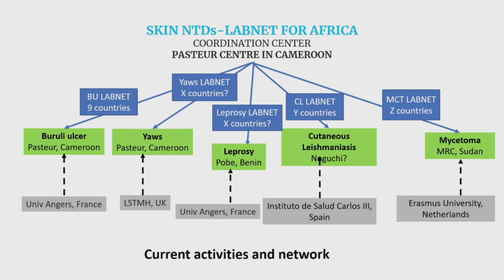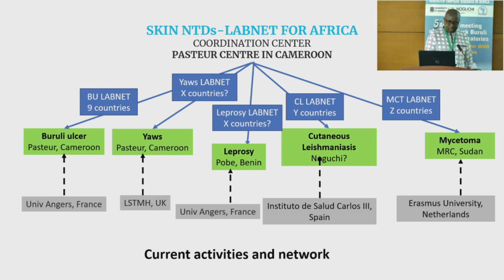So currently, this is what we have. Some of the work that we have heard presented, the yaws work, the Buruli work, the leprosy, CL, mycetoma, also with the support of our collaborating laboratories present here, with all this harmonization and standardization of procedures.